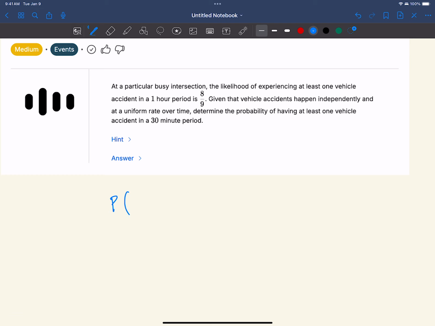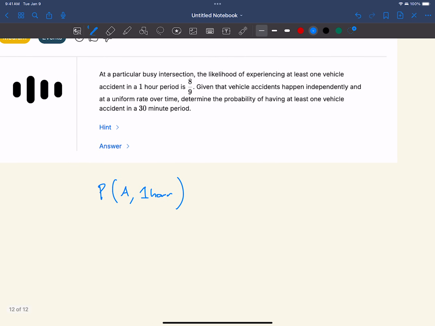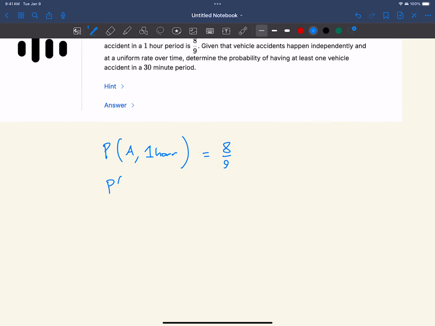The probability of an accident, which we'll denote by A, in 1 hour, the probability of at least one accident is equal to 8/9. And we want to find the probability of at least one vehicle accident in 30 minutes.